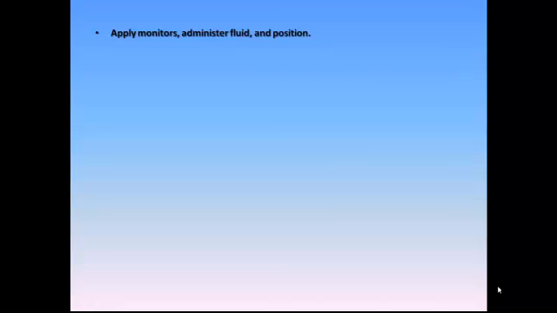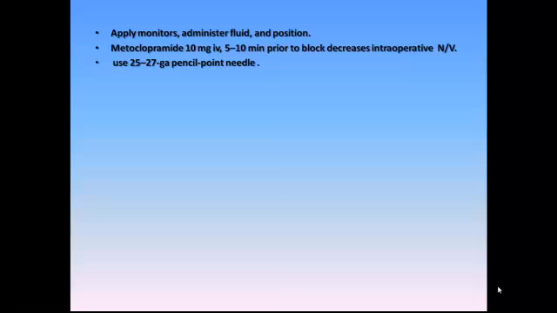Apply a monitor, administer fluid, and position the patient as we saw in the picture. Metoclopramide prior to the block decreases the incidence of nausea and vomiting, and we should use a 25 to 27 gauge pencil point needle.